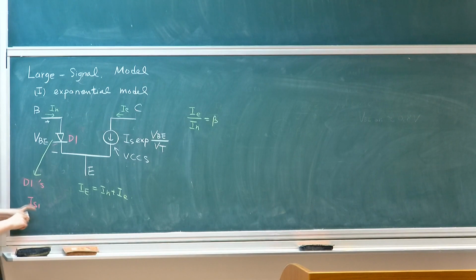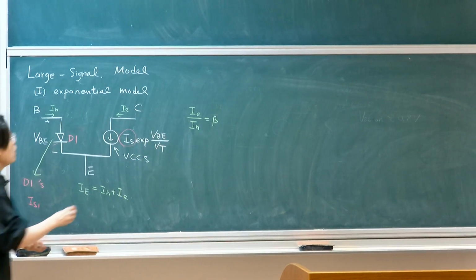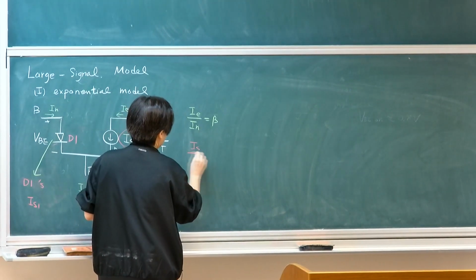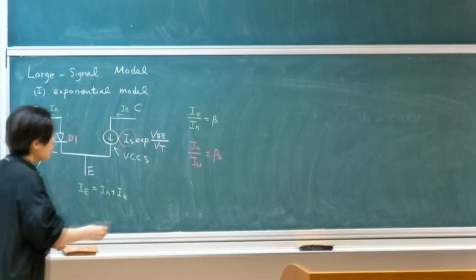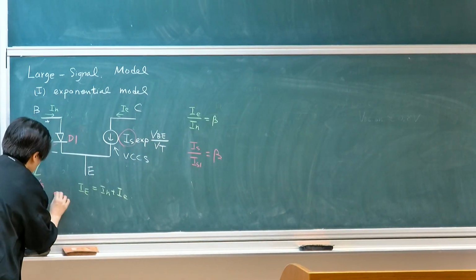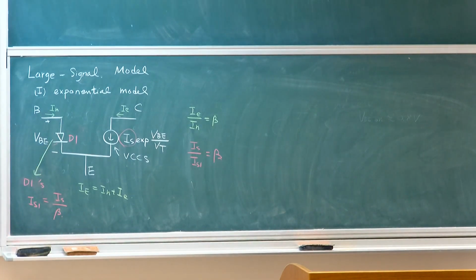The relationship between this diode's IS1 and the IS describing collector current will then be IS1 equals IS over beta. So IS1 is not the current going through the diode. IS is the device parameter describing D1. Okay? Good.